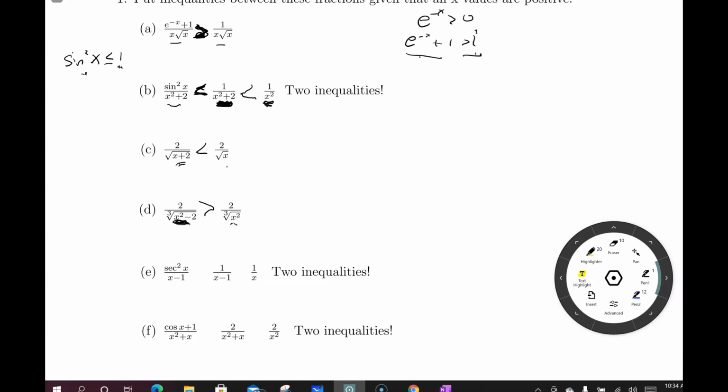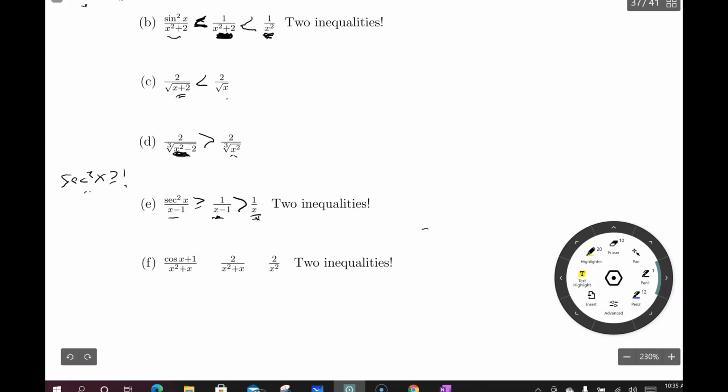All right, so here I'm going to think, you don't even have to write this, but don't I know that secant squared is bigger than or equal to 1, right? Then if I take this and divide both sides by x minus 1, and just to make some of you happy, I'll put that there. Okay, so now what about between these two? Which has more on the denominator? This one will have more on the denominator, so that makes it smaller.